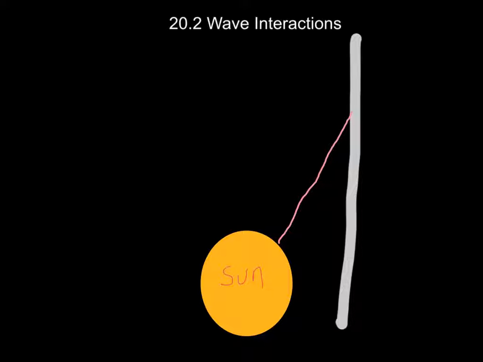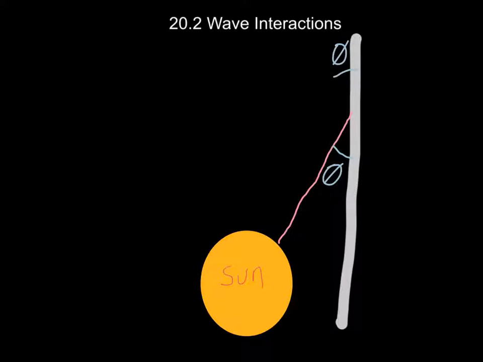Now, if you were to take a ball and throw it at a wall and it bounces off, the angle is going to be the same as the incident angle. So this angle right here, if it was a ball, let's call this theta, that's going to be the same angle that the ball would bounce off of, also called theta.